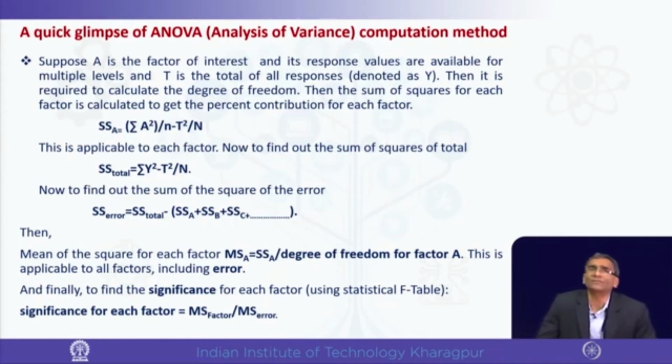Learning ANOVA is not difficult. ANOVA is basically analysis of variance, which tells how much each source affects the total variation. That is the analysis. There is a total output, and we are trying to explain the contribution of each factor. Suppose there are 5 factors.